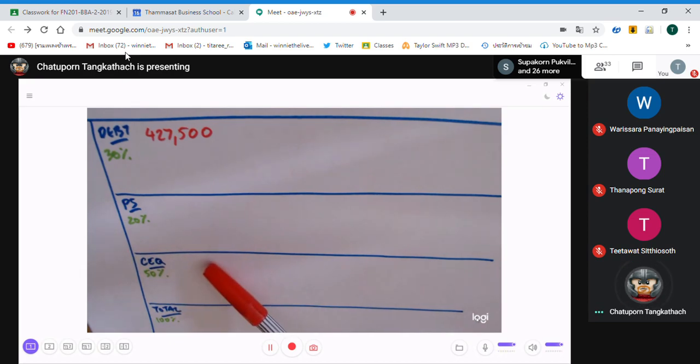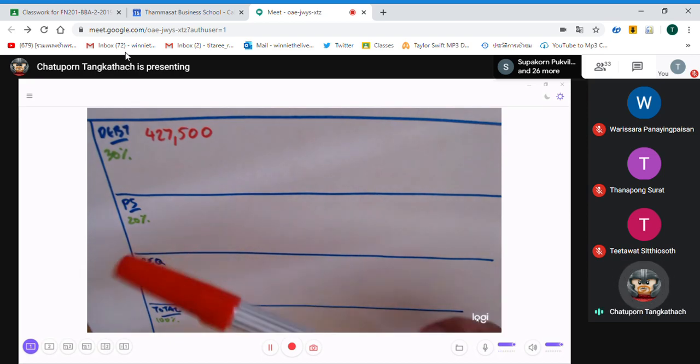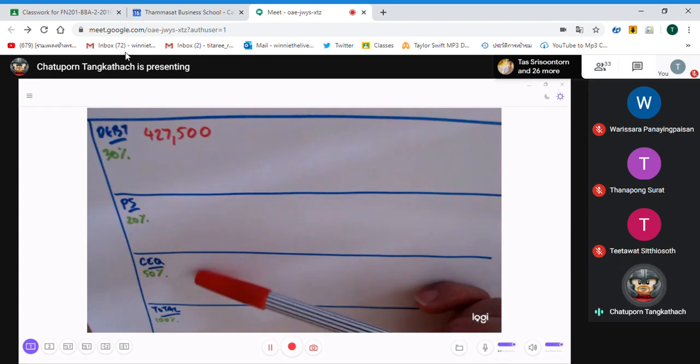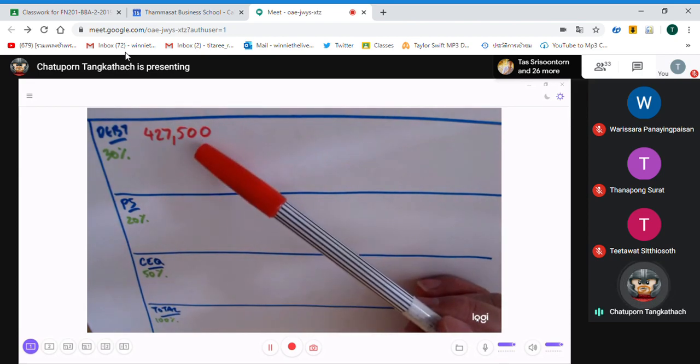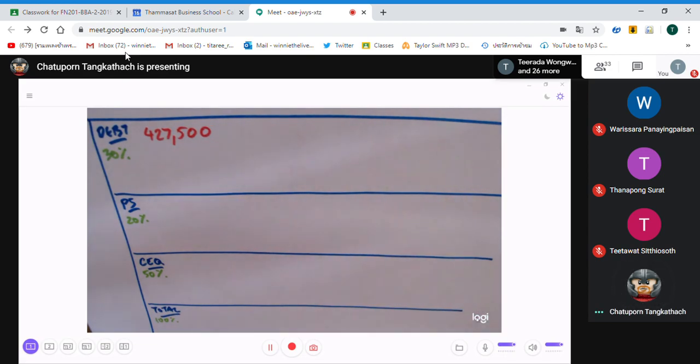Please calculate these two amounts based on interpolation from 30% of 427,500.